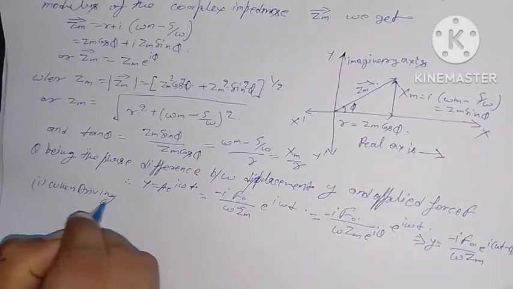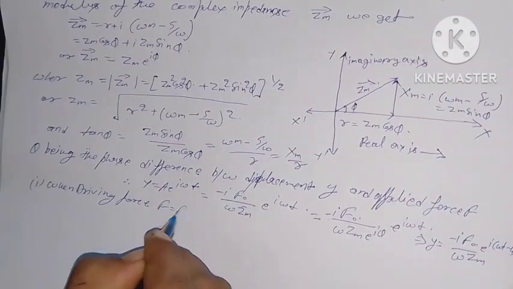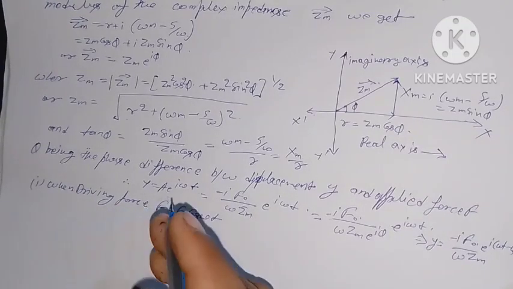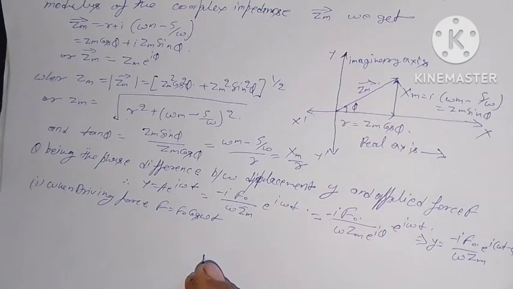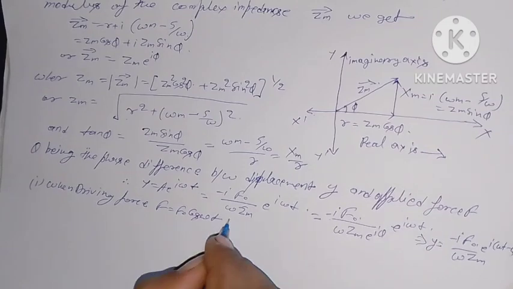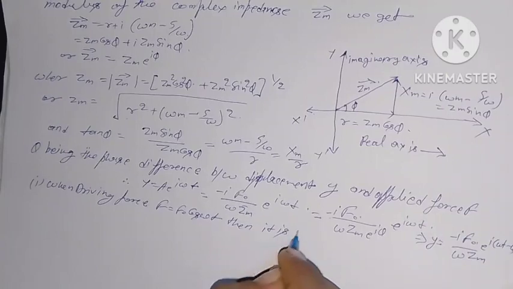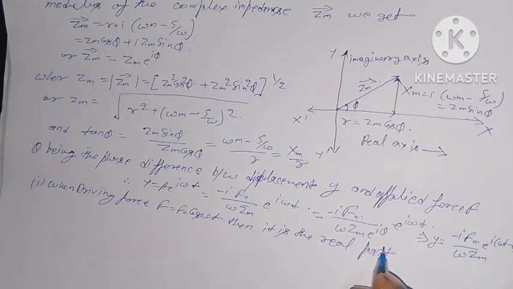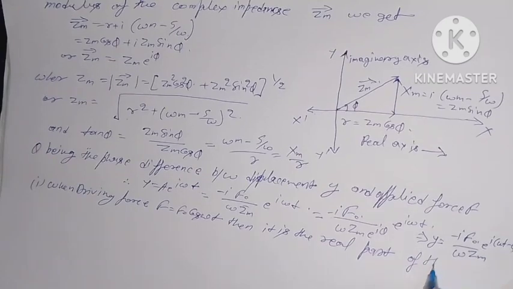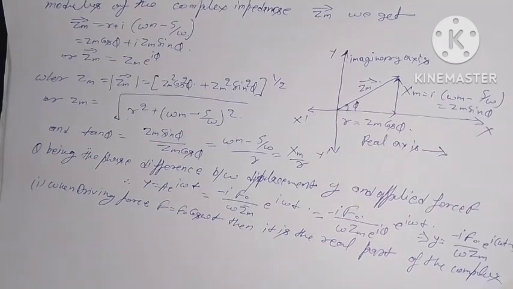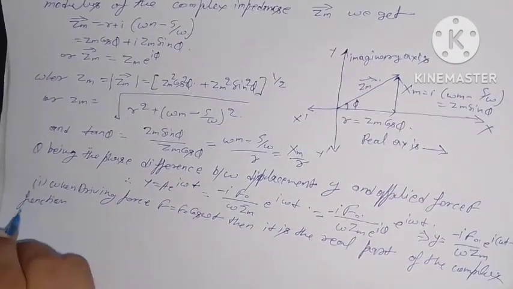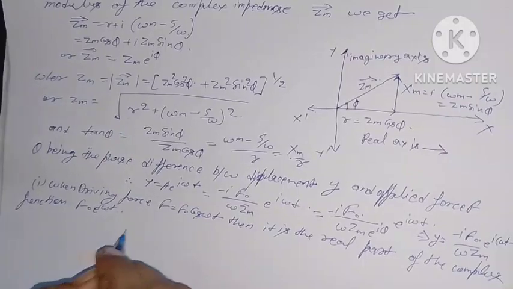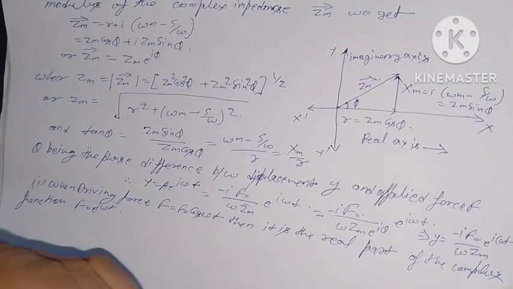First, when driving force F = F₀ cos ωt, the external driving force is the real part of the complex function F₀ e^(iωt).